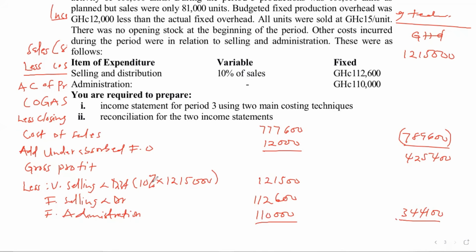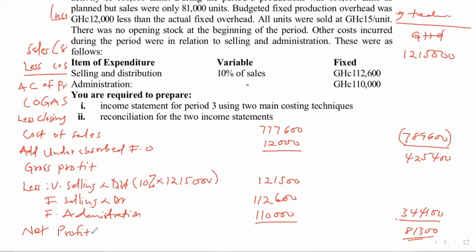So now we said we should less this amount from the gross profit, and we will have 81,300. And that will be our net profit under the absorption costing technique. Very, very simple.